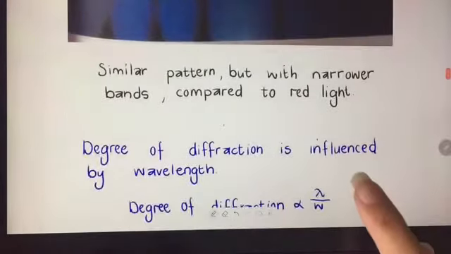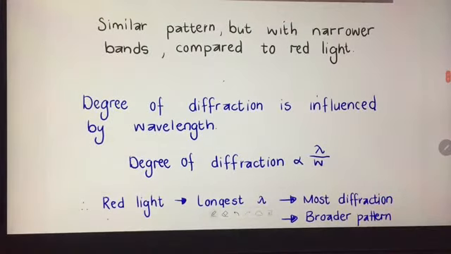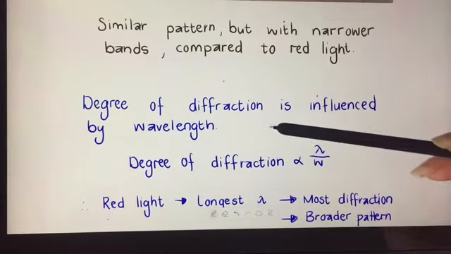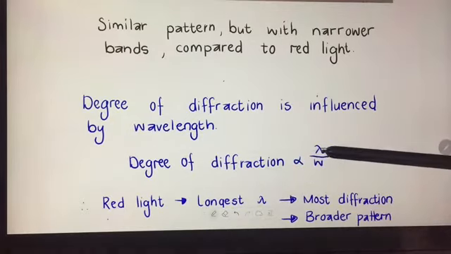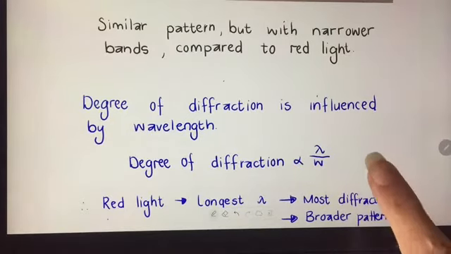Then to explain this, we've learned previously that there are two factors that influence the amount of diffraction, and one of them was wavelength. We also learned that the degree of diffraction is directly proportional to wavelength.